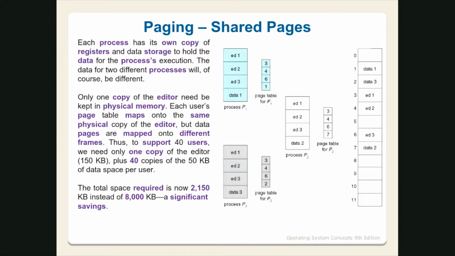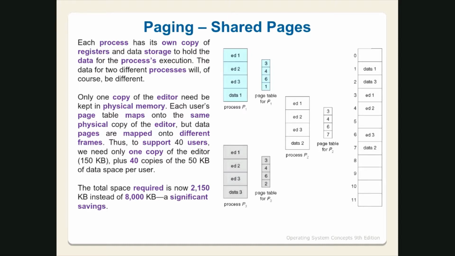Just a few more to go. So here is the more detailed diagram. It shows the shared pages. Let's assume there are many processes. Take the same example of having a word editor to do some documentation.